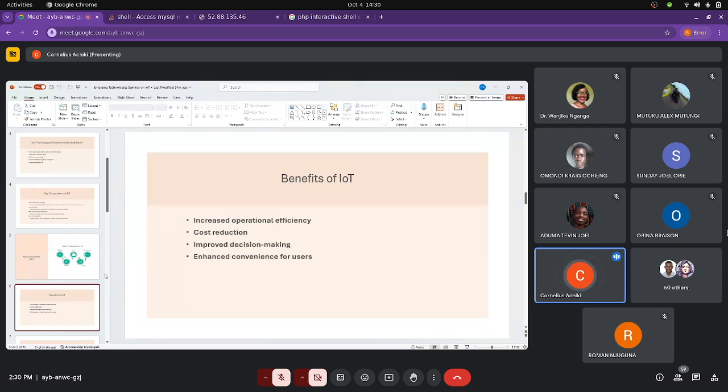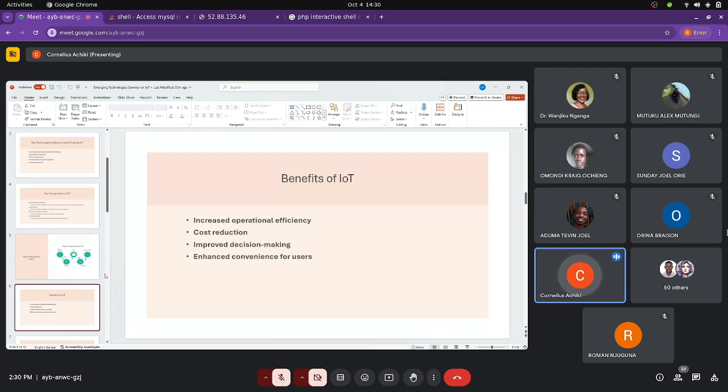Then you're able to do improved decision making. The whole point is you'll be making decisions based on data that has been analyzed. You have some insights that will give you a better way of making decisions.